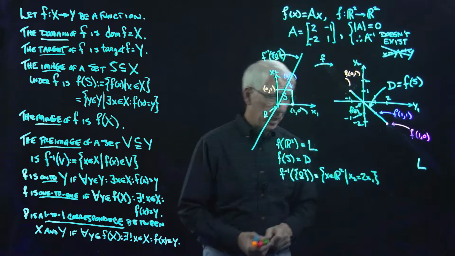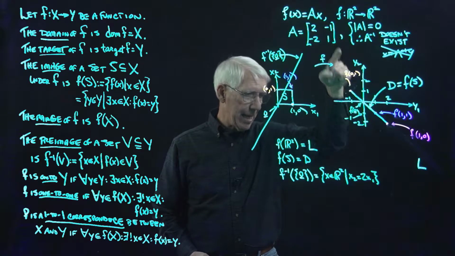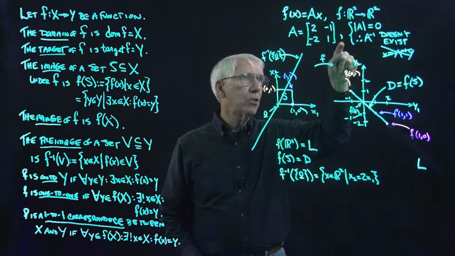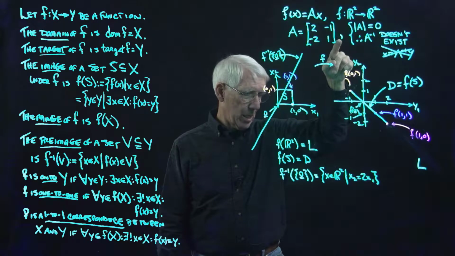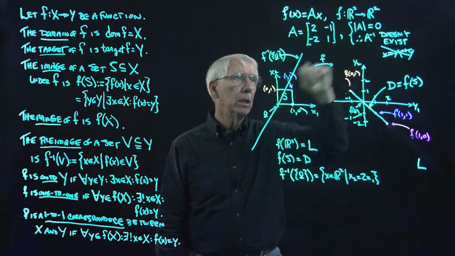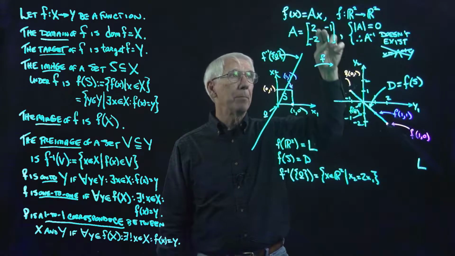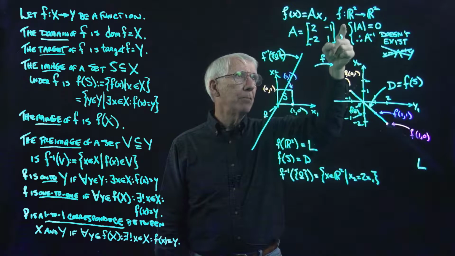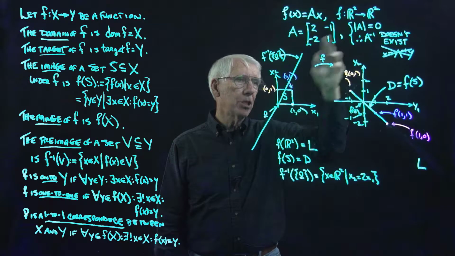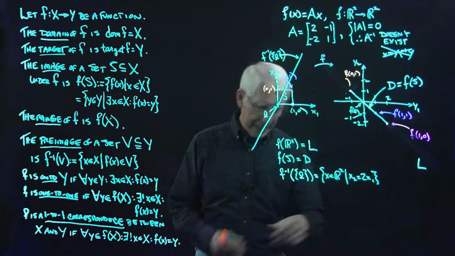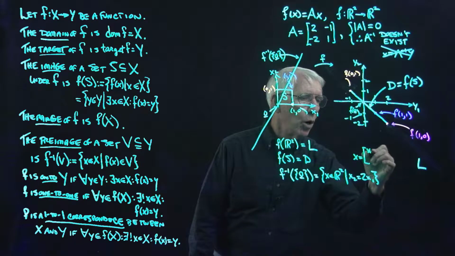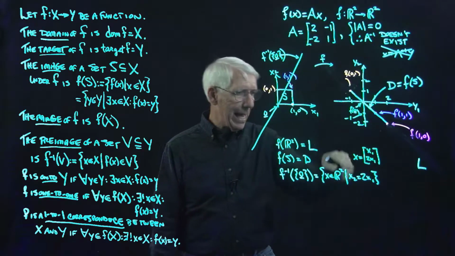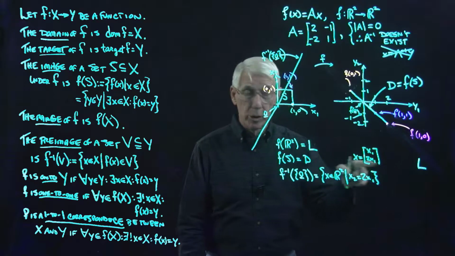And so in fact, I should be able to plug in here: if I have a vector x1 and 2x1, then I'll have 2x1 minus 2x1, so that'll be 0, and I'll have minus 2 times x1 plus 1 times 2x1, which is 0 as well. Indeed, if I put any vector in here that has an x1 and then x2 is 2x1, multiplied by A, I'll get the origin, 0, 0.